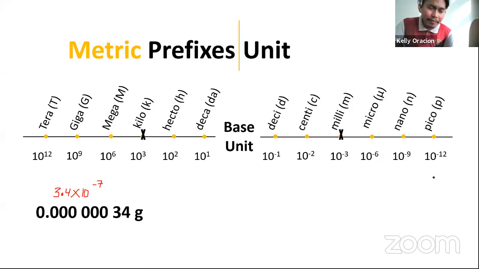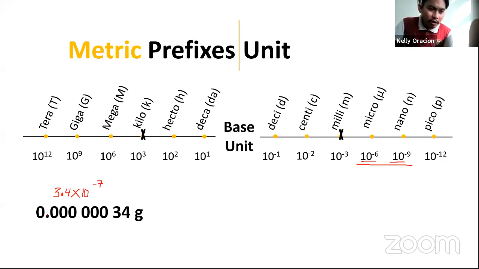Wala kang negative 7. So this time, negative 7 is in between dito and dito, sa gitna ng 10 raised to negative 6 and ng 10 raised to negative 9. Tama ba? Now, we are going to convert 10 raised to negative 7 into 10 raised to negative 6 at saka 10 raised to negative 9.